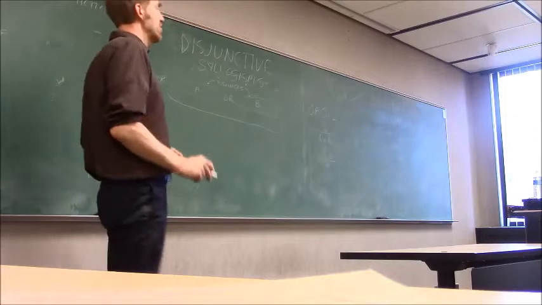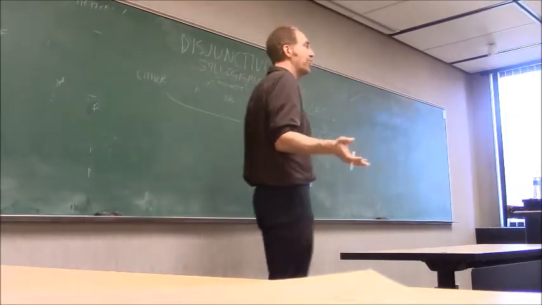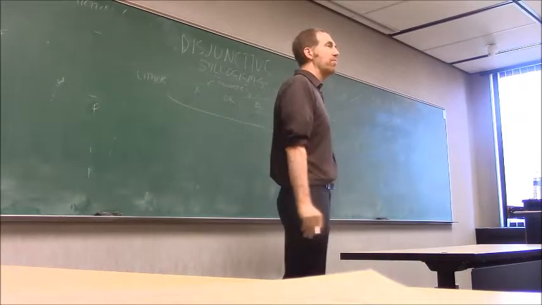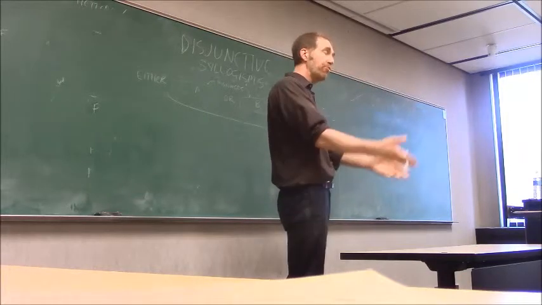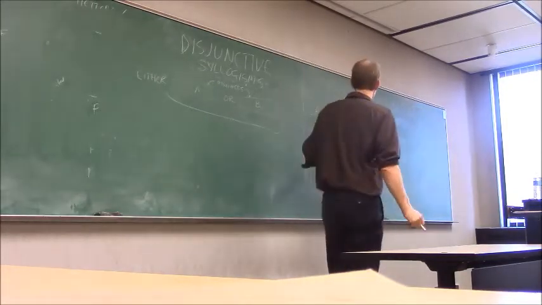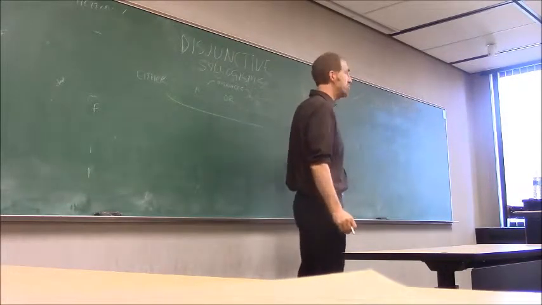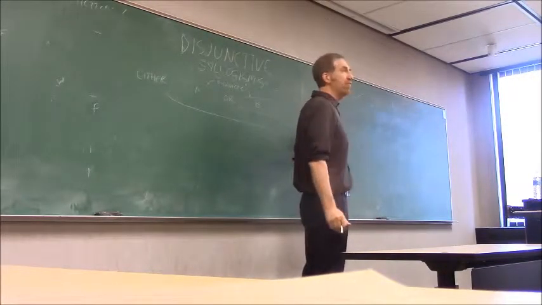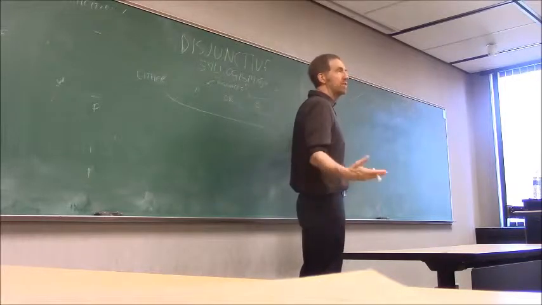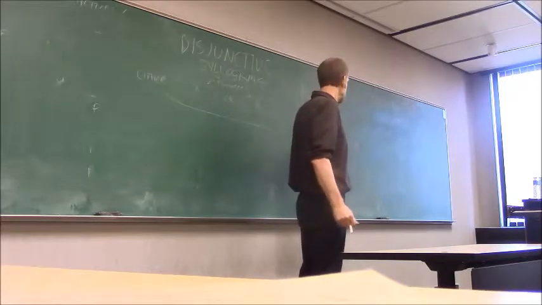In categorical syllogisms, how many of the three propositions were categorical propositions? All three of them were. Whereas in disjunctive syllogisms, even though there's three propositions to make them up, only the first one is a disjunctive proposition or disjunction. The others are not.